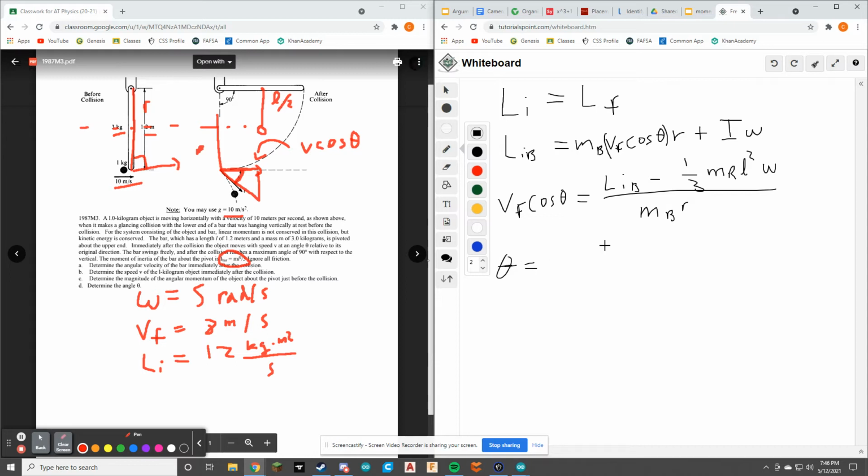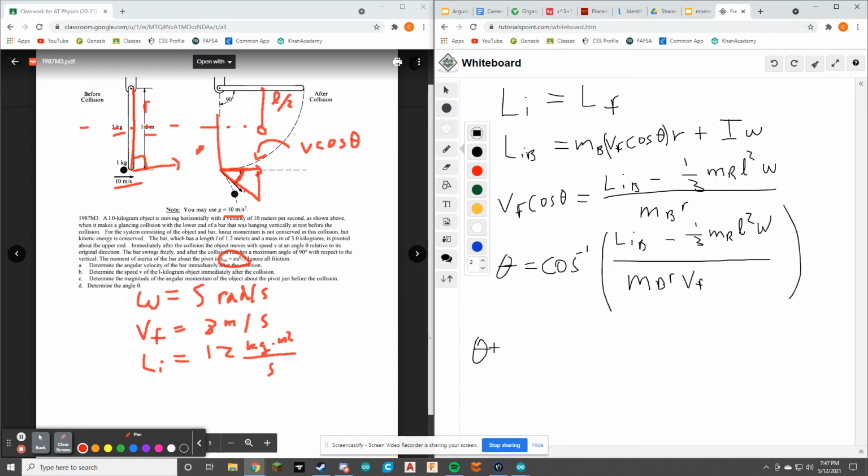So we get that theta is inverse cosine of the ball's initial angular momentum minus 1/3 mass of the rod L squared omega, divided by the mass of the ball times radius times the final velocity of the ball.